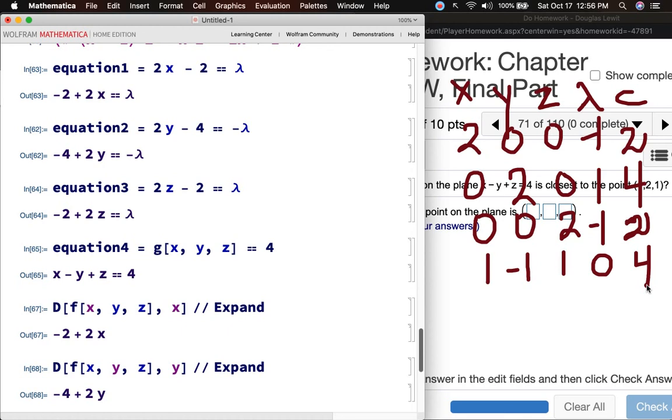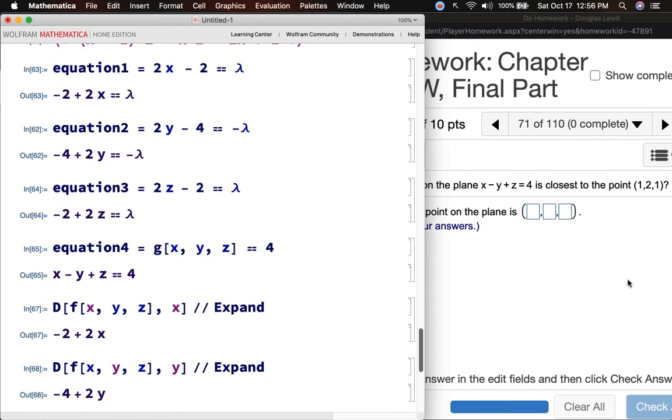And the fourth row is 1, -1, 1, 0, 4. Let me make sure that's okay. That looks really good. Okay, let me erase that.